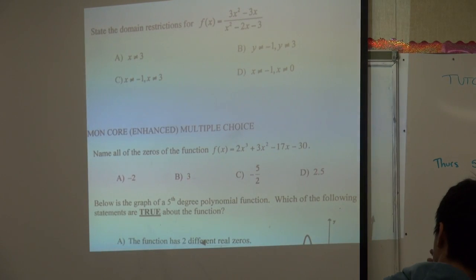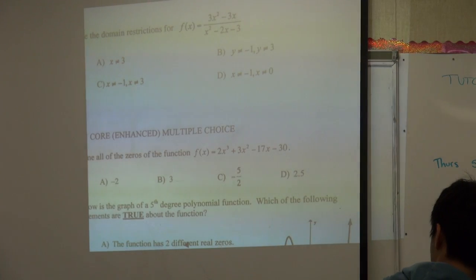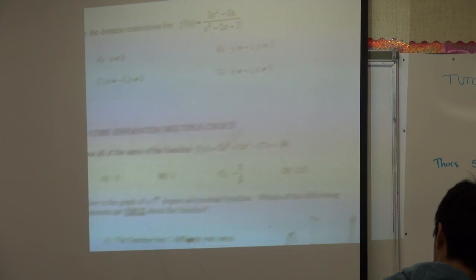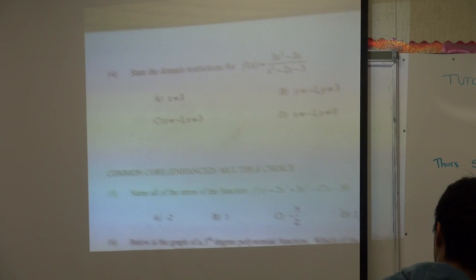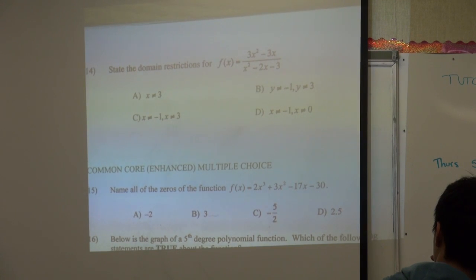All right. Couple more problems and then we'll look at the chapter 7 one, at least at the ones that you guys missed the most. State the domain restrictions. This problem was ridiculously easy. If you factor the denominator, you'll find out that the domain restrictions are that x can't equal negative 1 or 3.